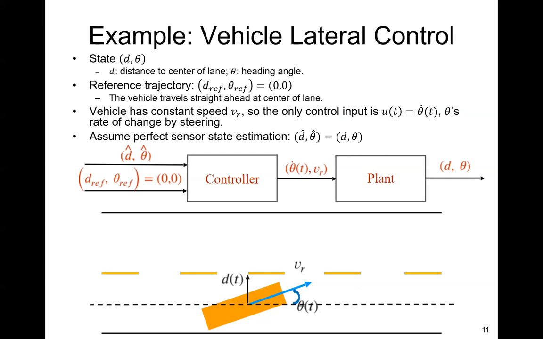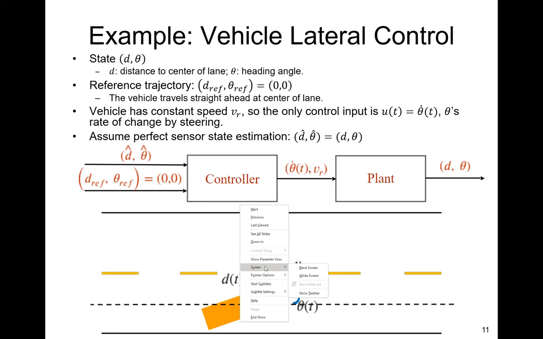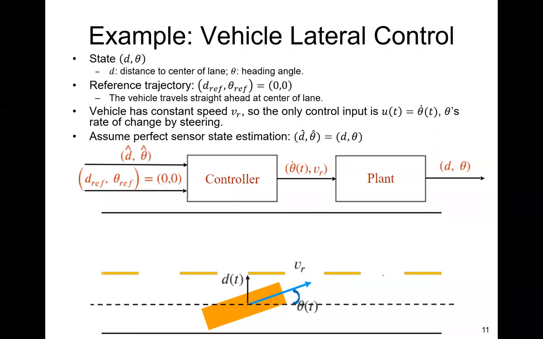So the velocity is constant, speed is constant. So your desired state, the reference, is going straight ahead at the center of the road, and then you're controlling the theta parameter, not controlling the velocity, which is given as a constant.